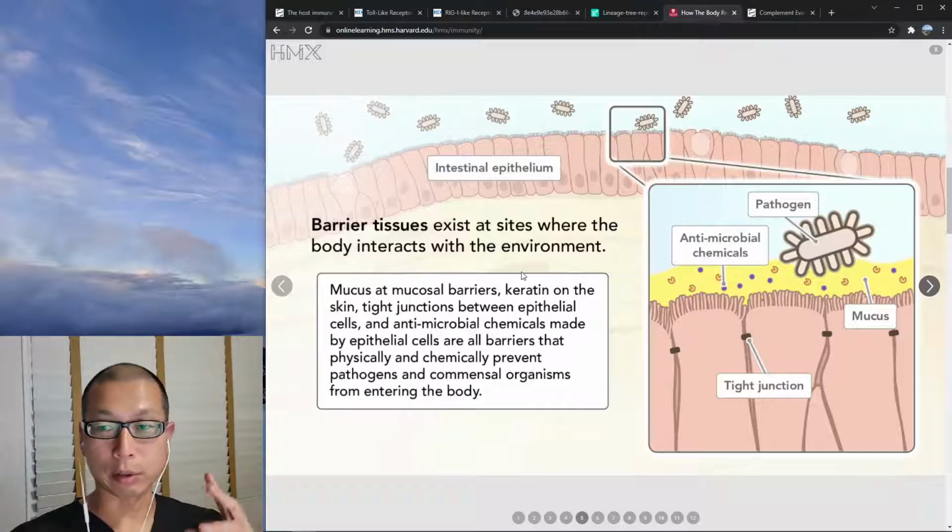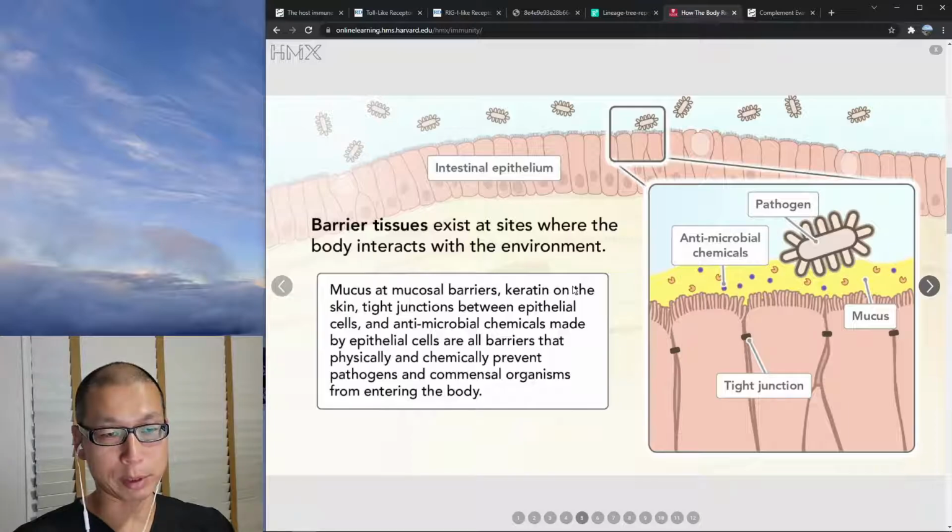However, inside your nose and your mouth and in your GI tract and genitourinary tract, those are mucous membranes, and they don't have keratin, so viruses and bacteria can get through those areas. The mucosa is protected by mucus.